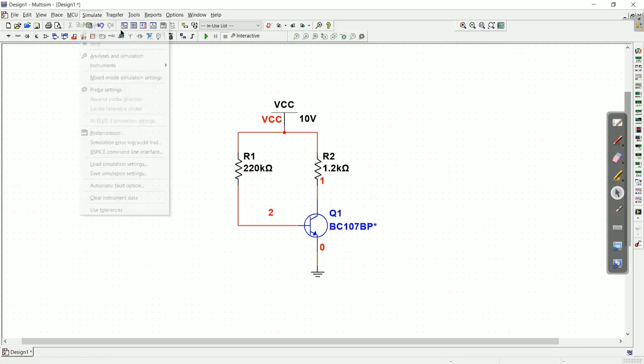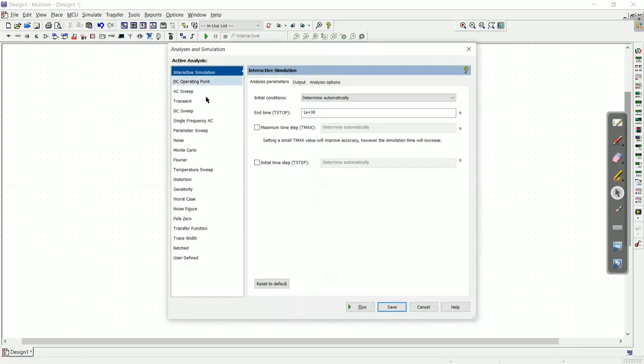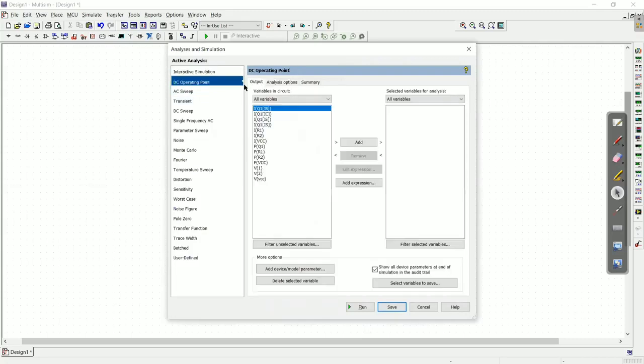Go to simulate, analysis and simulation. Here we are going to see the DC operating point. Click on it, and in output add I of Q1, that is IC.